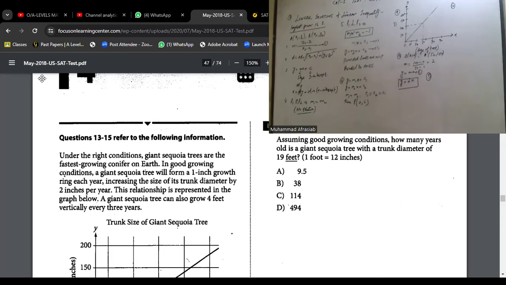So the diameter is equal to 19 feet, which is equal to 19 times 12, because 1 foot has 12 inches.